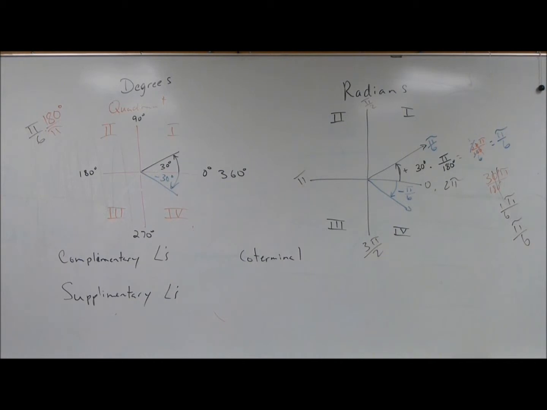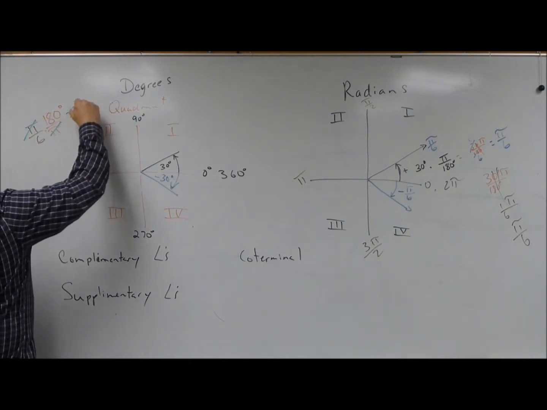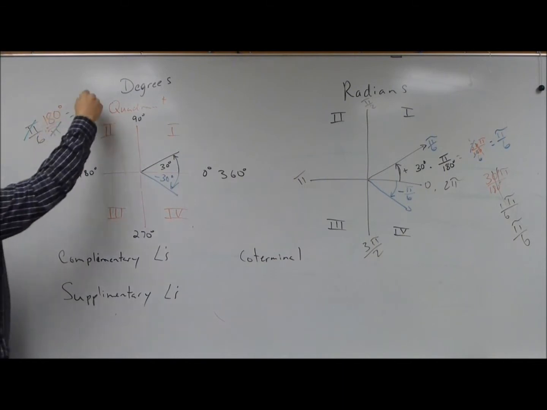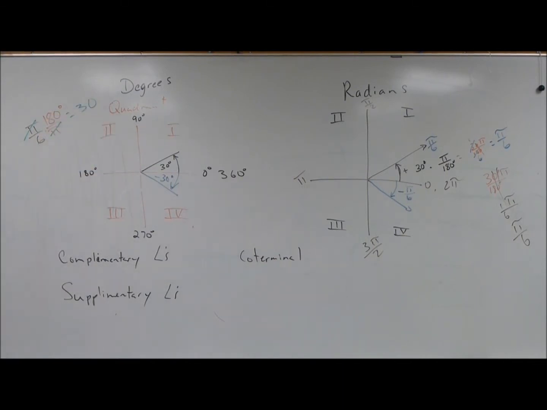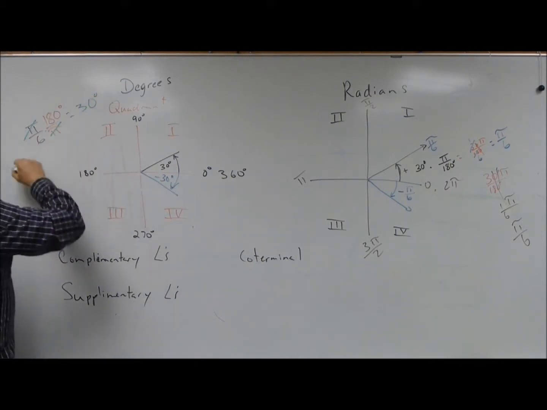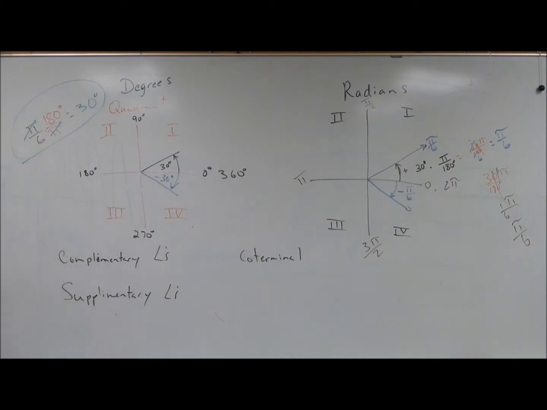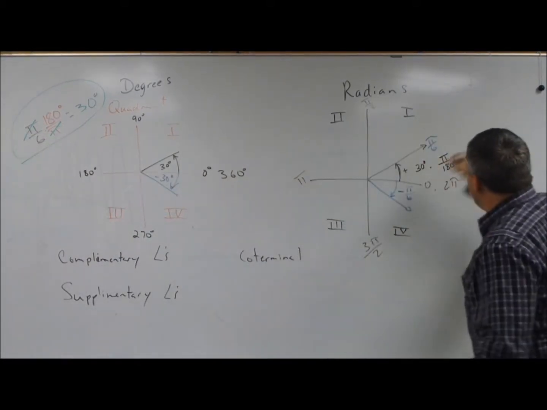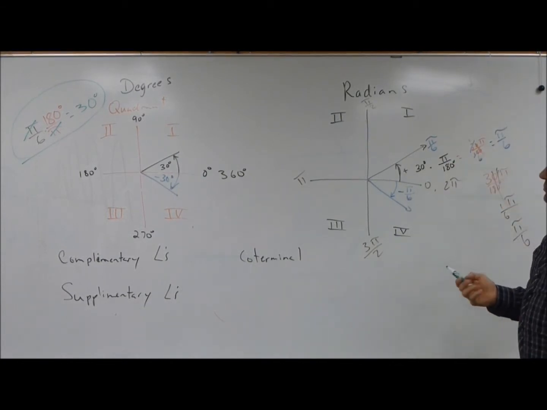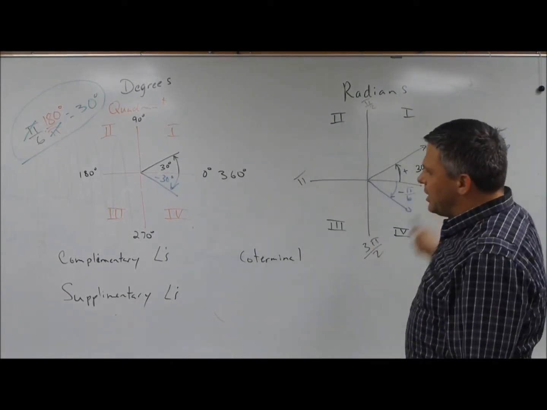Now the pi's cancel, and 6 goes into 18 3 times, and 0, because we're talking about 180 instead of just 18. So it's 30 degrees, and the degrees are left. So that's how we go from radians to degrees, and from degrees to radians. Okay? So that's the start of that.